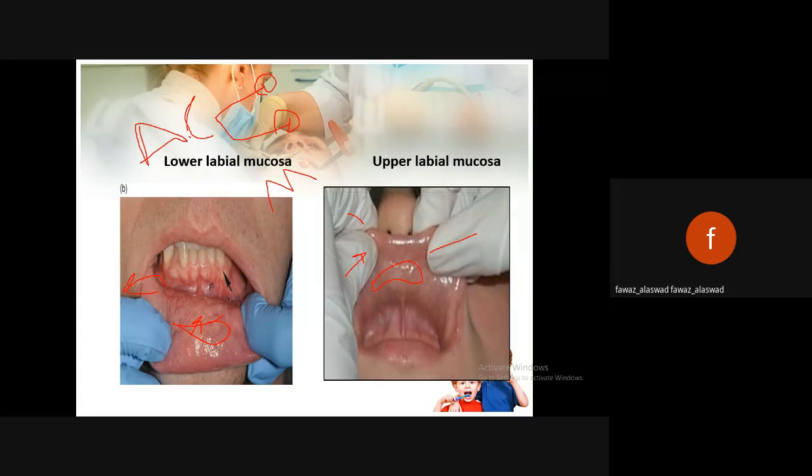Type 1 is characterized by an eroded erythematous area at the angle of the mouth and does not extend deep into the buccal mucosa. While in type 2 of angular cheilitis, we can demonstrate an ulcerative area and the eroded area extends to the buccal mucosa.